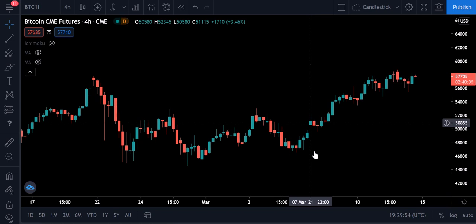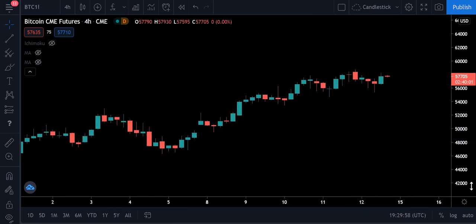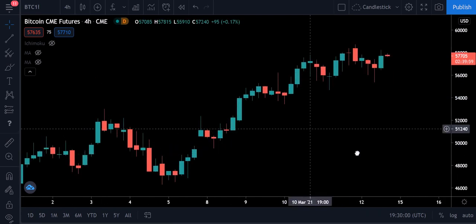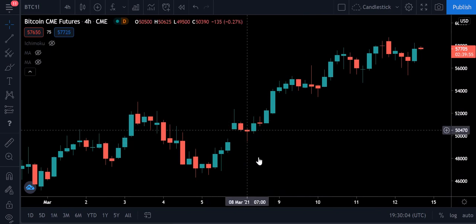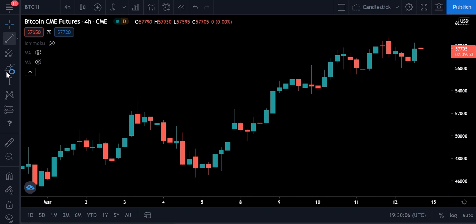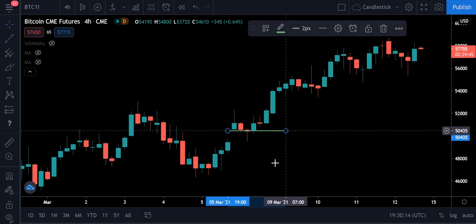When I say fill in the gap, let me zoom in a little bit. You see this gap gets formed, and it starts going over this way. If you want to make a straight line, click on this and hold shift and it'll make it straight. I'm going to move it up just a bit more.